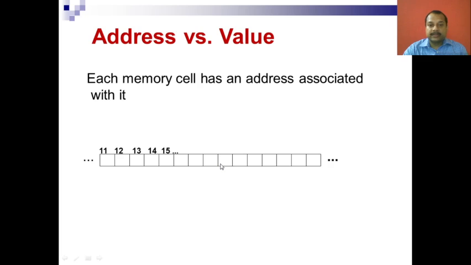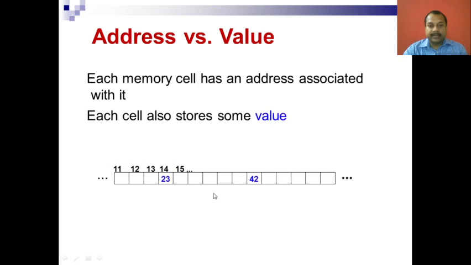When some storage is required, in order to store some data inside it, you just do an assignment, and each cell also stores some value. Then you will see that after some assignment, say at location 14, 23 is assigned, and at some other location, 42 is assigned. So this is the content and this is the address.